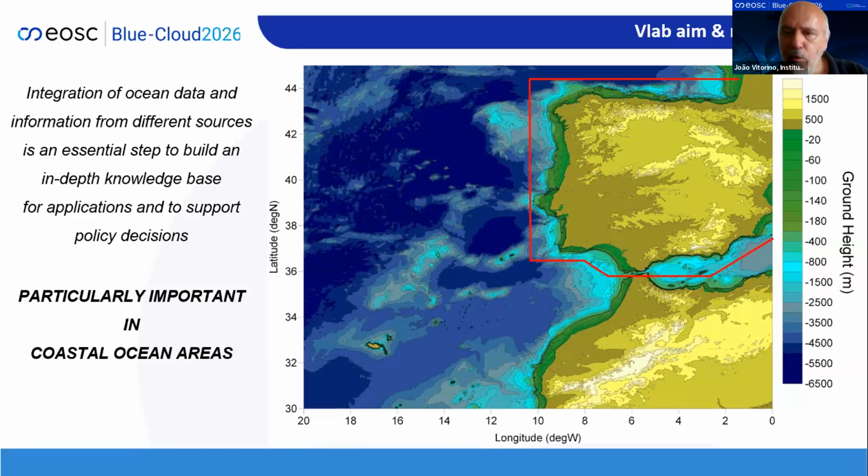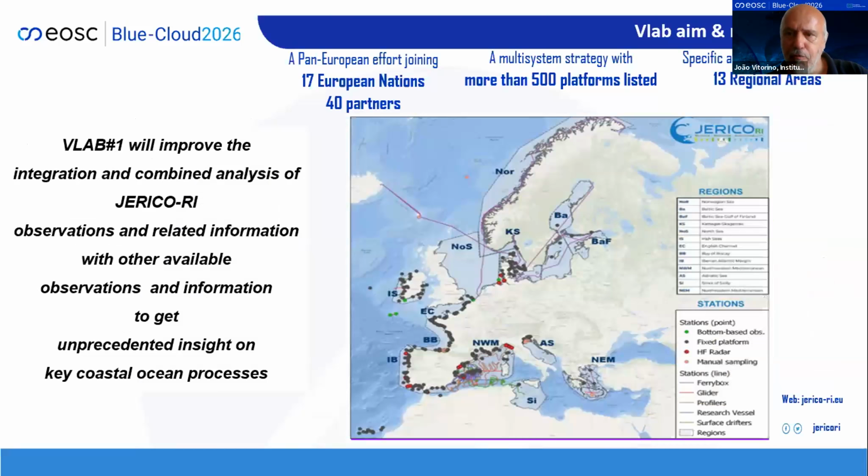So in this virtual lab, we wanted to explore the full potential of a network, an observation infrastructure that is being built with the contribution of several European nations. So this is the JERICO area.